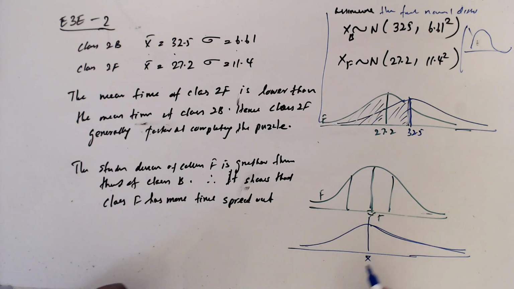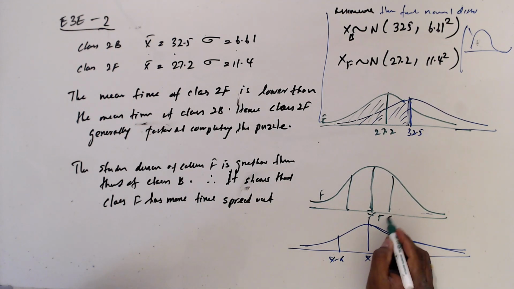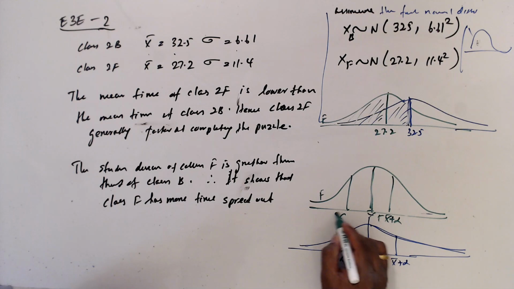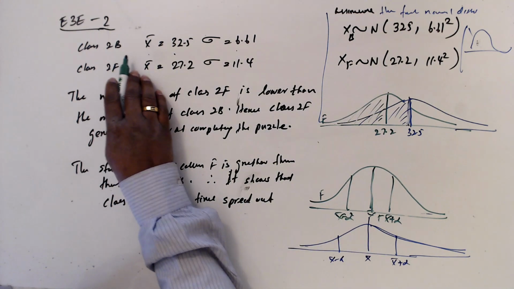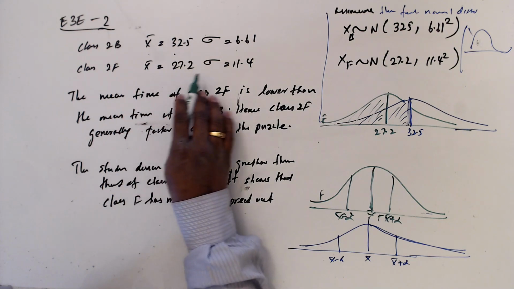So when you look at the mean, this is x bar plus sigma, x bar minus sigma, and this is x bar plus sigma and x bar minus sigma for F class.